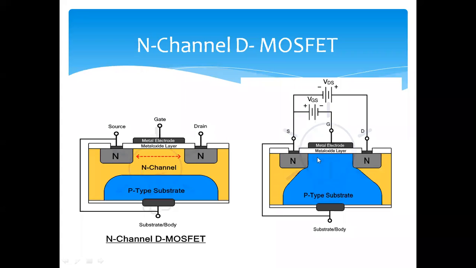We have to apply a negative voltage to the gate. This is the gate terminal, and you can see here we have applied a negative voltage to the gate, and here is the VDS, the drain to source voltage. So this is the connection for the N channel depletion MOSFET.